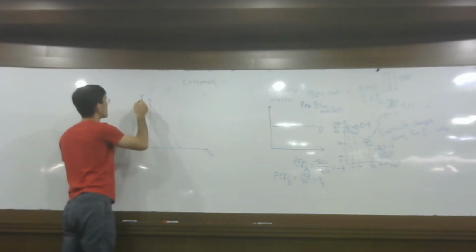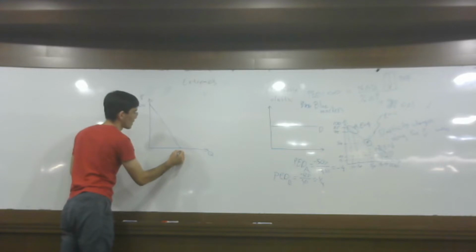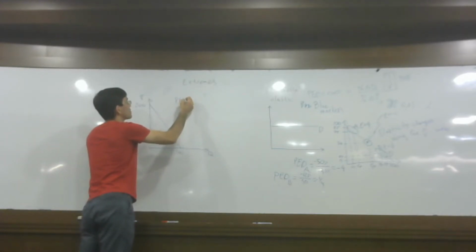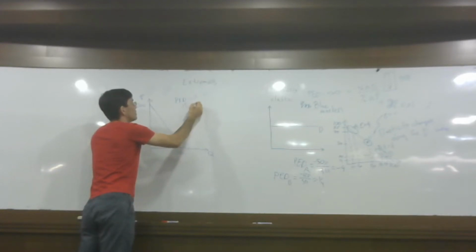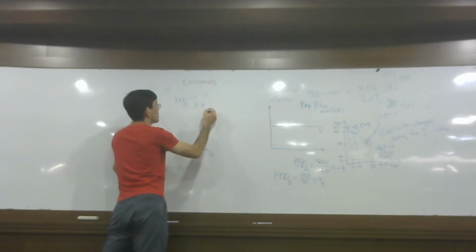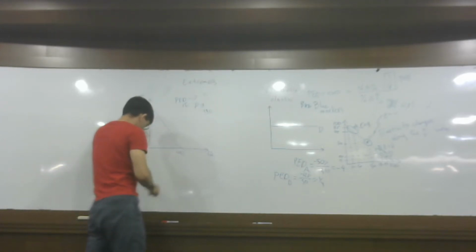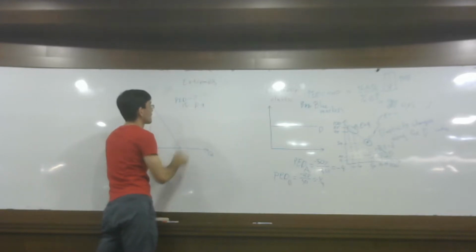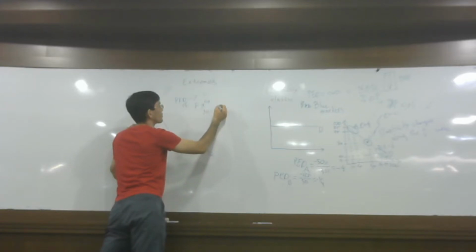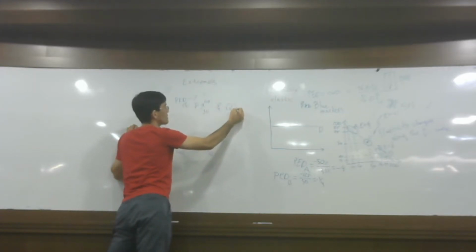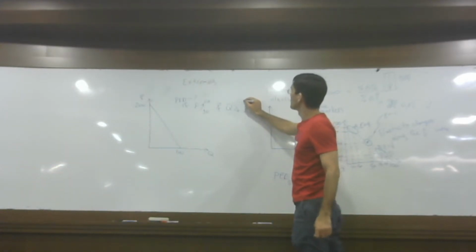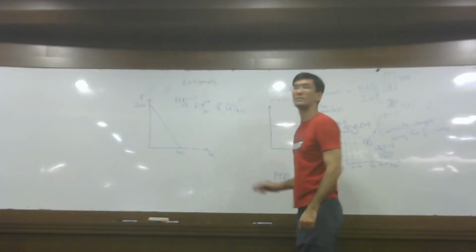Let's call this 200. Let's call this 100. Right? Now, how much is the price elasticity of demand if price increases, let's say, from 90 to 110. And of course, quantity drops then from 55 to 45.